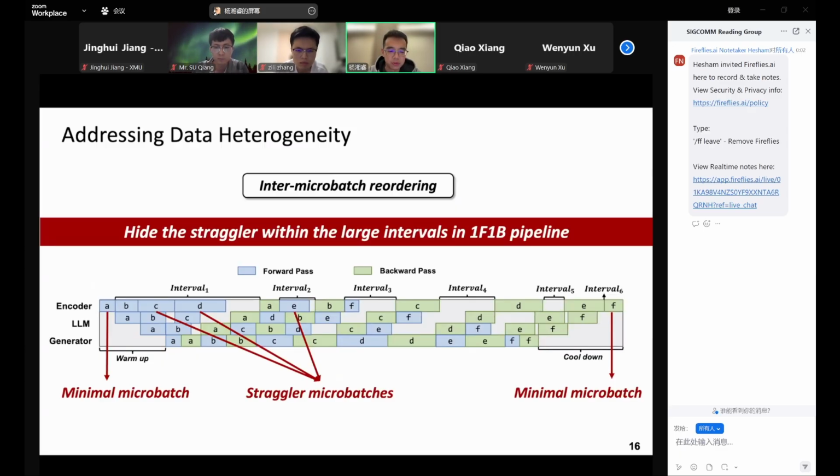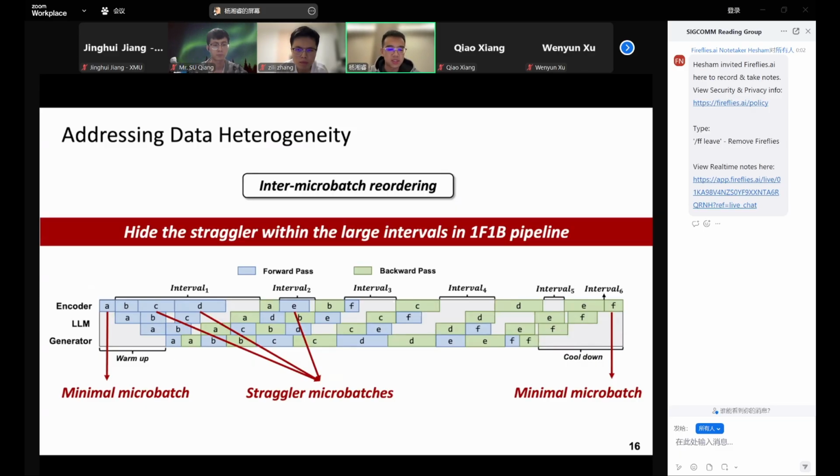This allows the pipeline to fill up and drain as quickly as possible. Conversely, the straggler micro batches are deliberately placed in the middle of the pipeline. This scheduling prevents the straggler from unnecessarily prolonging the warm-up or cooldown period, effectively minimizing the pipeline bubbles.